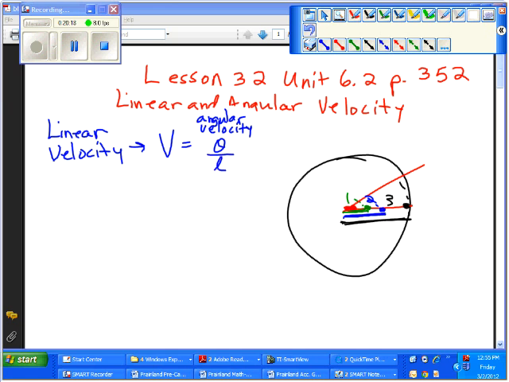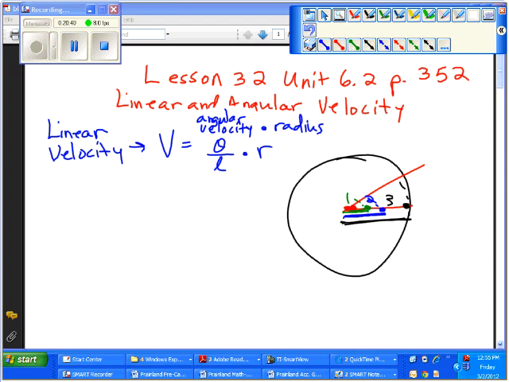And then what factor is going to change how far it actually goes? The radius. So linear velocity is going to be angular velocity times radius length. You see, that makes sense?